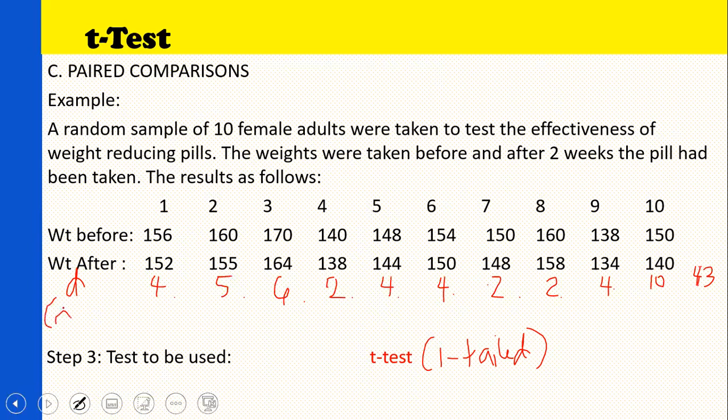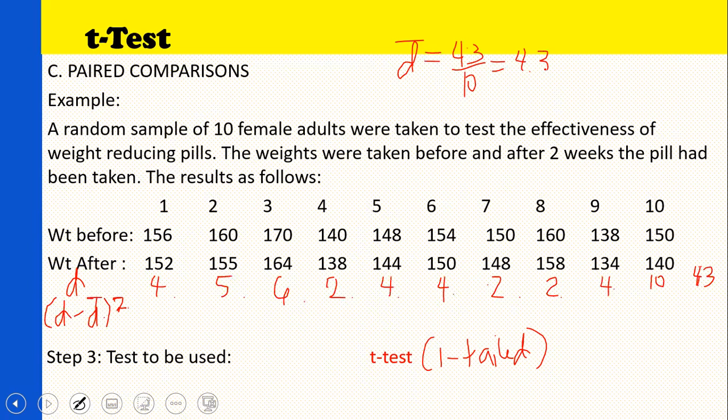Before that, we need to get the mean of D. So the mean of D is 43 divided by 10, and that will be 4.3. For the next step, we need to get the mean differences.